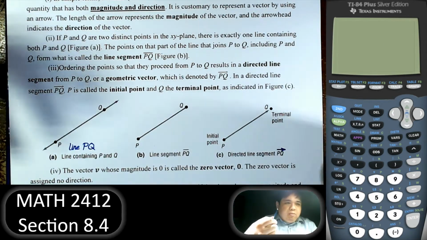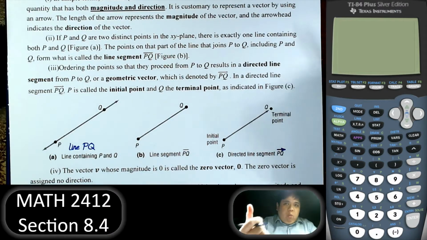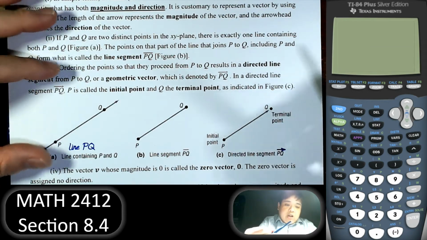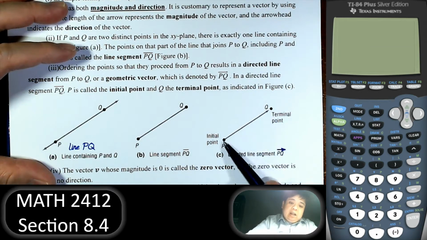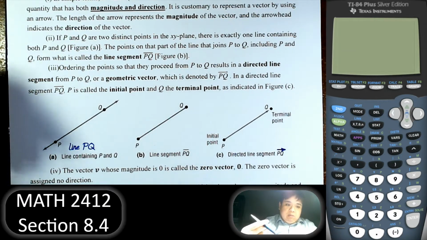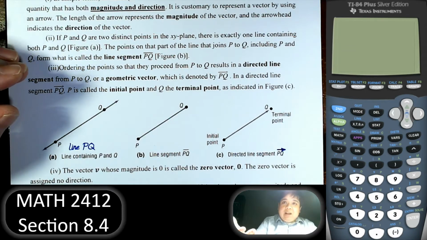Usually the concept of a vector, of course, there's no one definition of a vector. A vector can be represented by different things. Geometrically, it will be by an arrow. Later on, we'll use components to represent a vector algebraically.